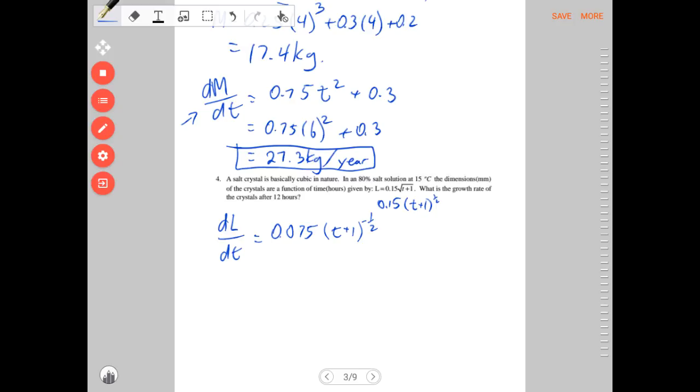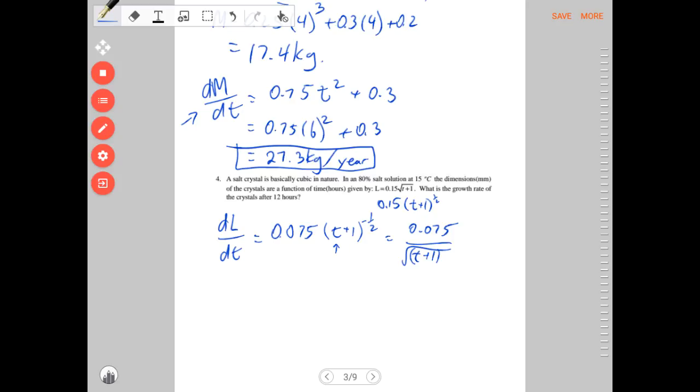Either way, we want the growth rate after 12 hours, so we could just put the 12 right into there. Because we're just substituting numbers, there's no reason we can't have the negative exponent. Usually we simplify this to t plus 1, and then we put the square root back in, or just to the positive half.